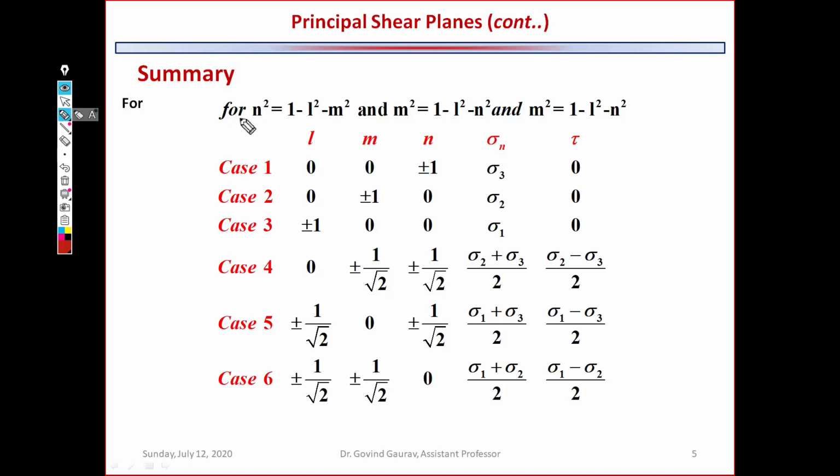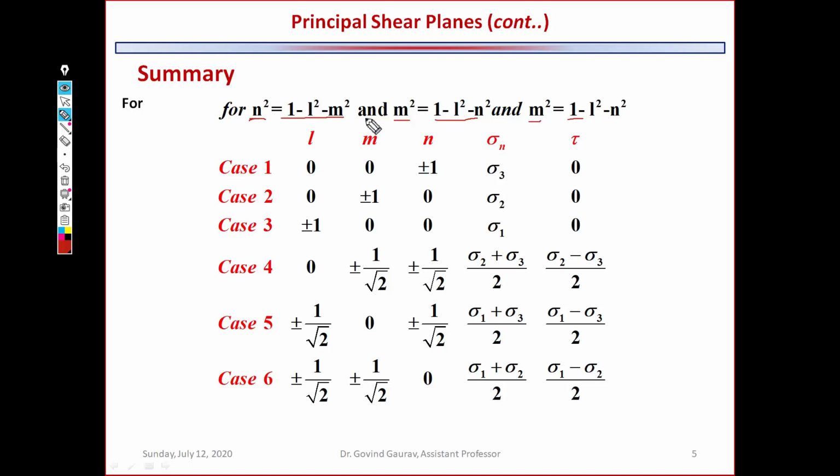Now let us summarize what we have concluded from the work which we have done by putting different values: n square is equal to 1 minus L square minus m square, is equal to 1 minus L square minus n square, and m square is equal to 1 minus... So this one is a different thing.